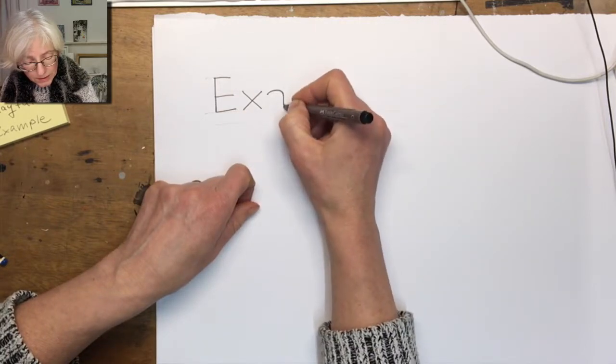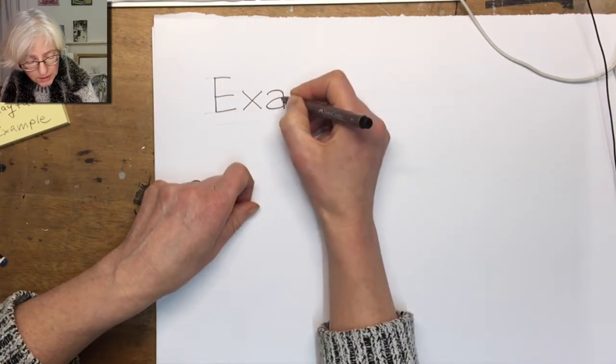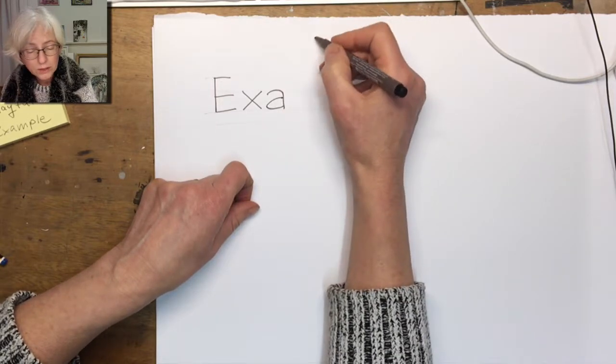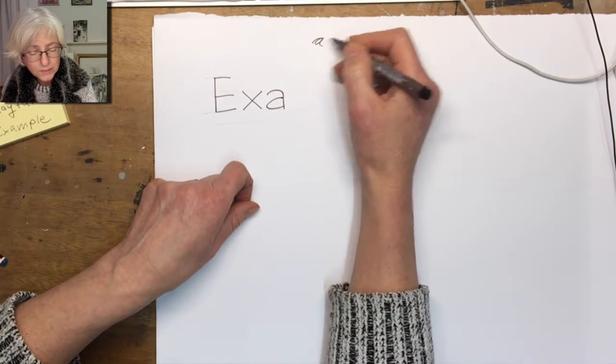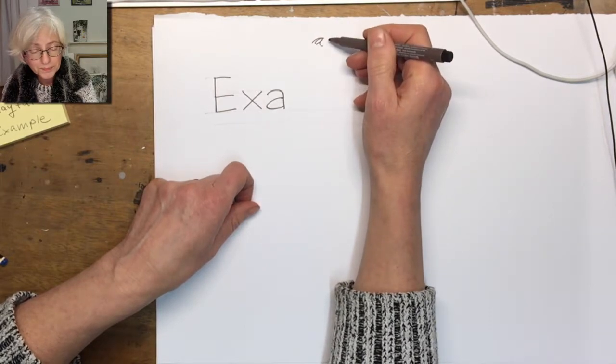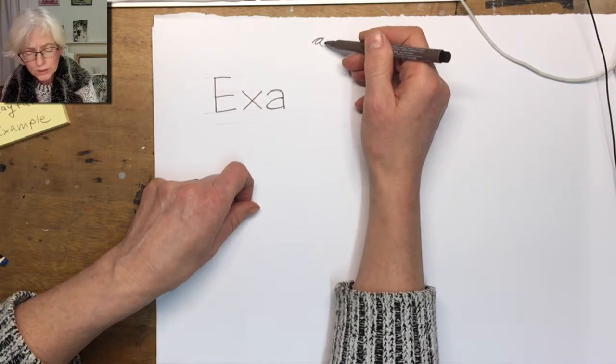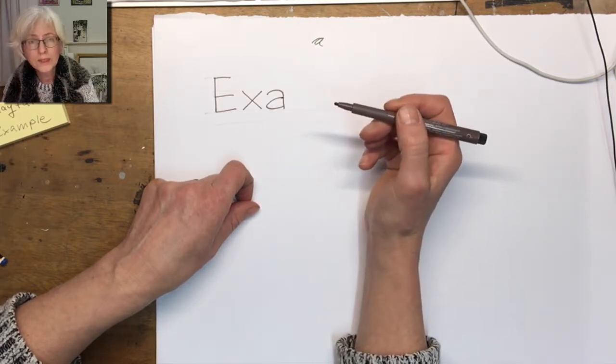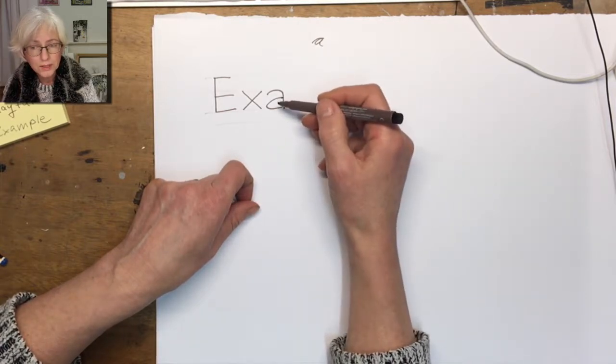Then we have an A, and I draw the A like that because I found out that if I draw it like I usually do, that is like this, that's not as legible because it looks like an O or something. So I just got the habit to, when I draw words, do it like this here.